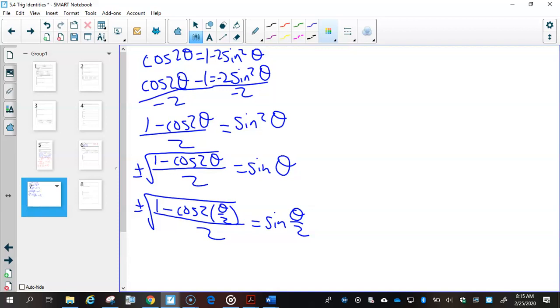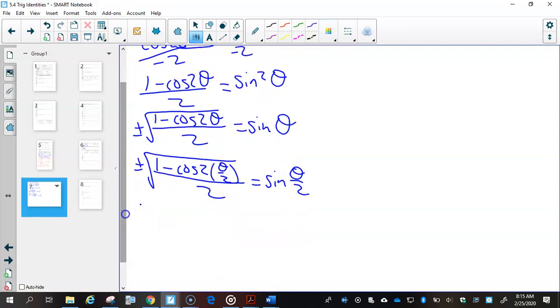When we do that, these 2's cancel, and I'm left with the half angle formula for sine, which is the one that is written in your notes. So that's the final.